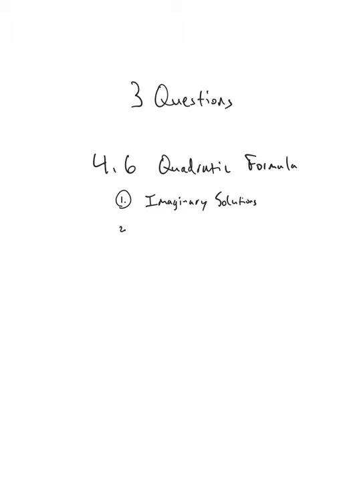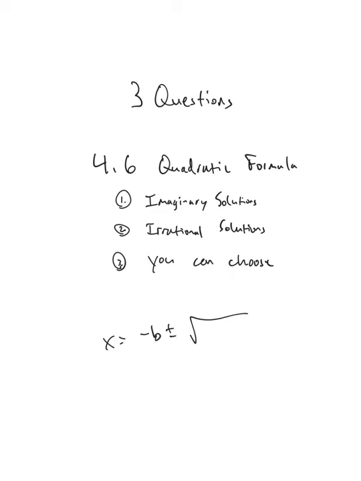You're going to have one with irrational solutions. And then the last type you can choose. The quadratic formula, guys, is negative b plus or minus square root of b squared minus 4ac all over 2a.